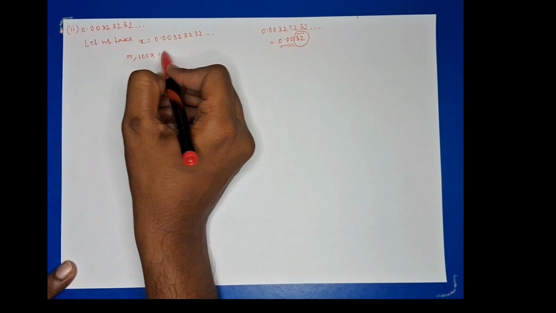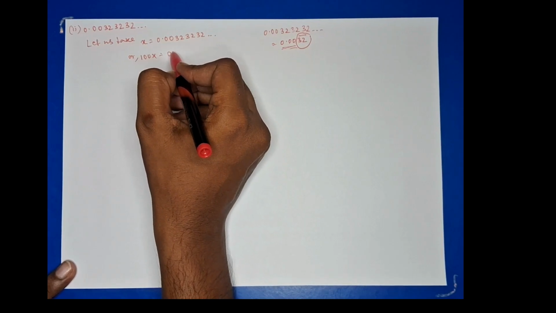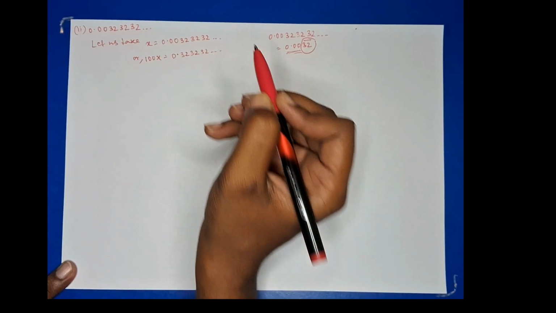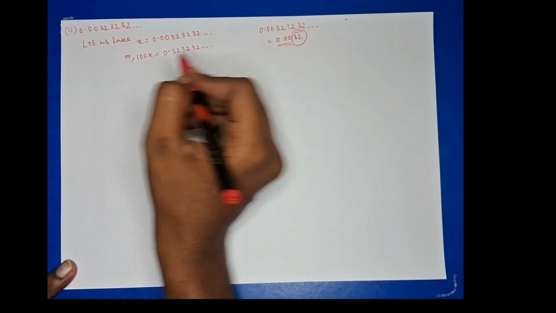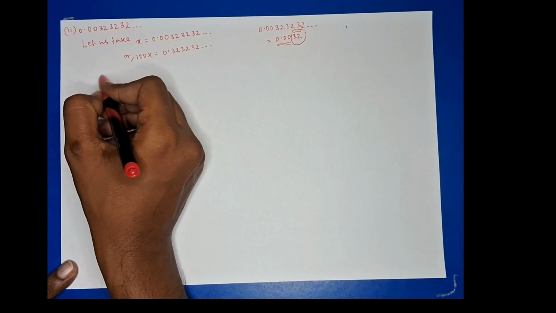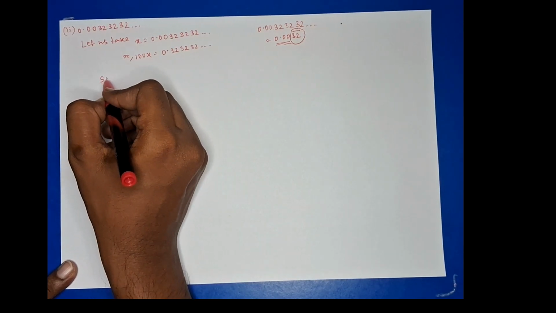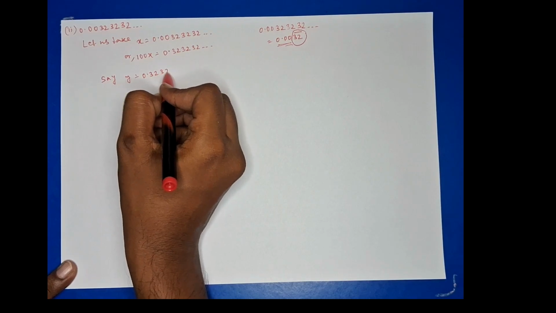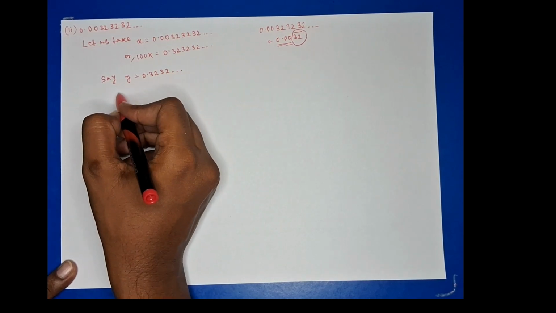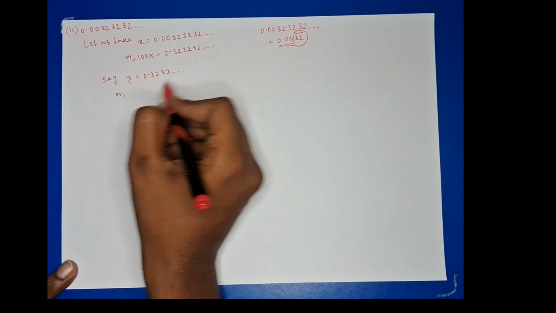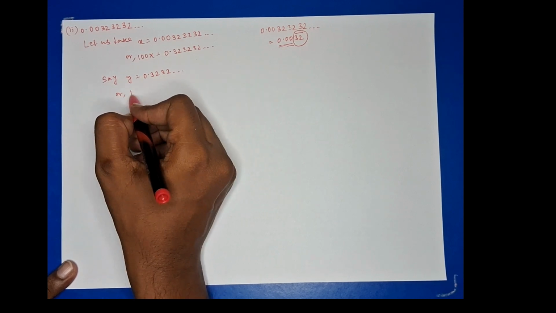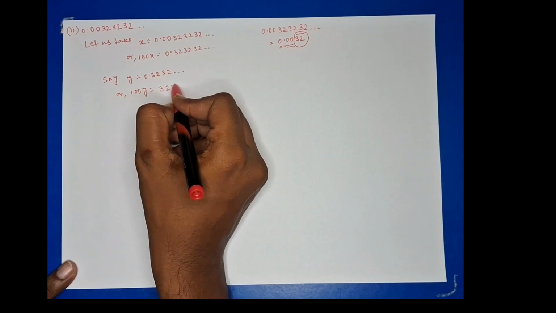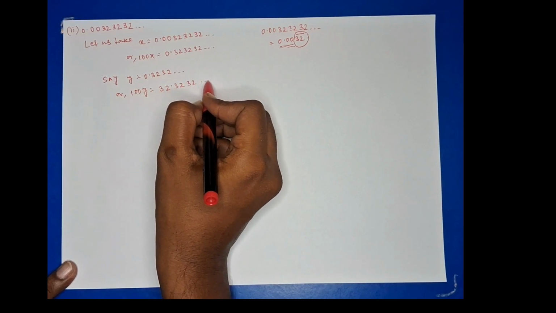This is 100x is equal to 0.323232 dot dot dot bar. So now again we can say y is equal to 0.3232 dot dot dot, and we will multiply it by 100 again on both sides, 32.3232 dot dot dot.